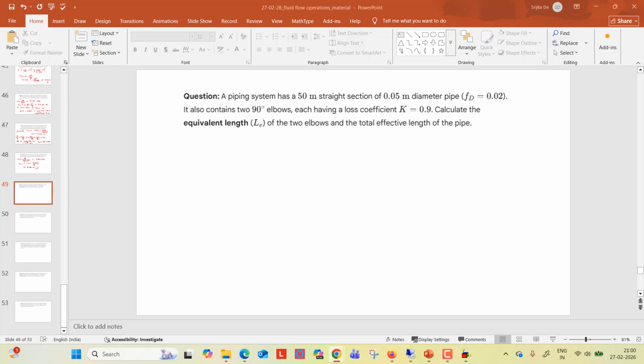Next, a piping system has a 50-meter straight section of 0.05 meter diameter. Then it contains 90-degree elbows, each having a loss coefficient of K 0.9. Calculate the equivalent length of the two elbows and the total effective length of the pipe.